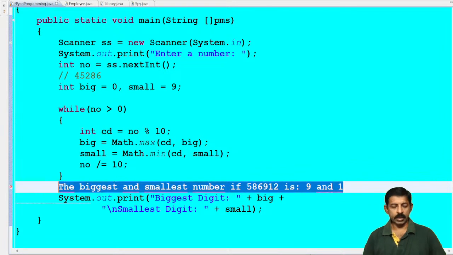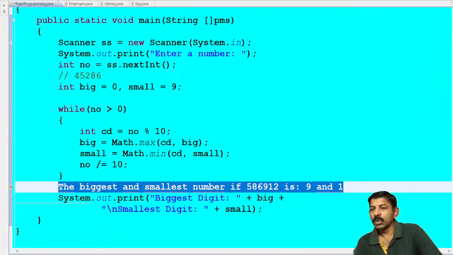I want the output like this. Yes, I will do the dry run. First of all, I need the output like this. Don't worry, I will do the dry run.